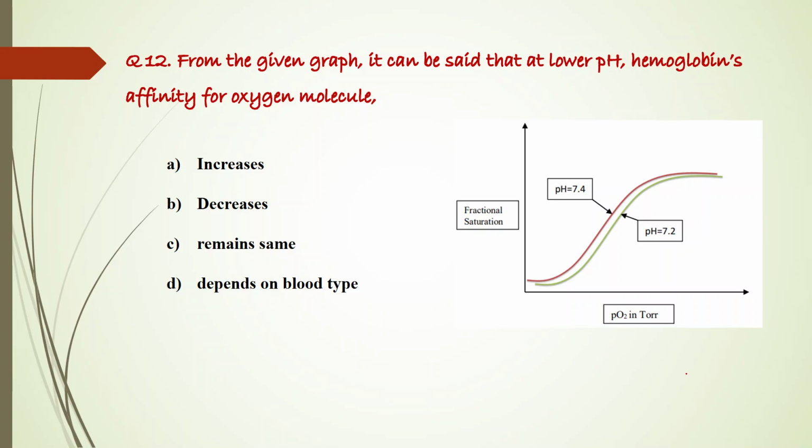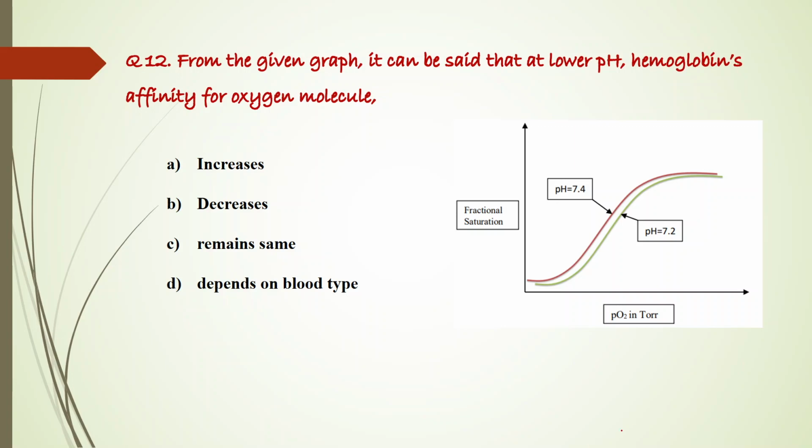The graph is already shown on the right. If anybody knows the answer, please do write it. I will obviously explain. Just look at the graph and you will be able to tell it. What happens to hemoglobin at lower pH in terms of affinity towards oxygen molecules?